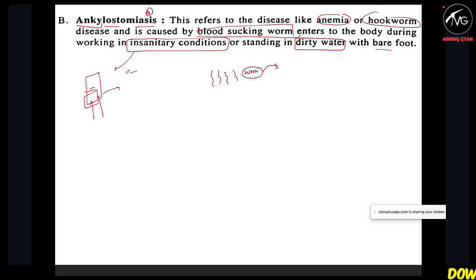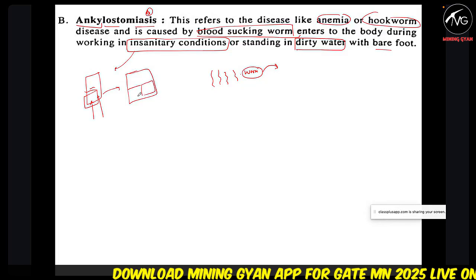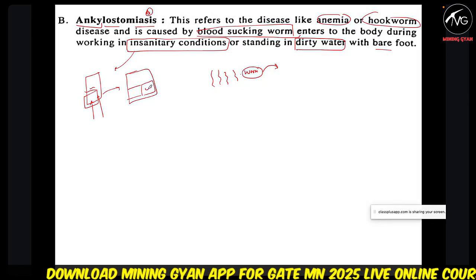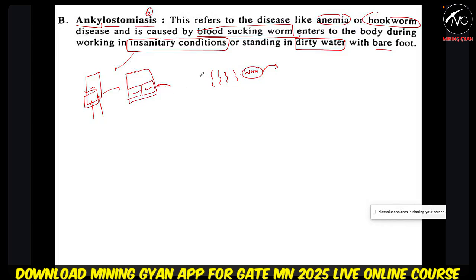If you are sitting in the office or in any machine or car, and your machine, car, room or office is not clean, then you will catch this disease.